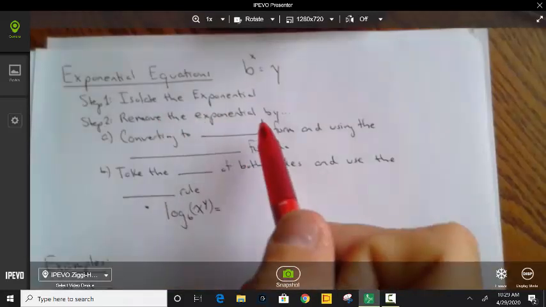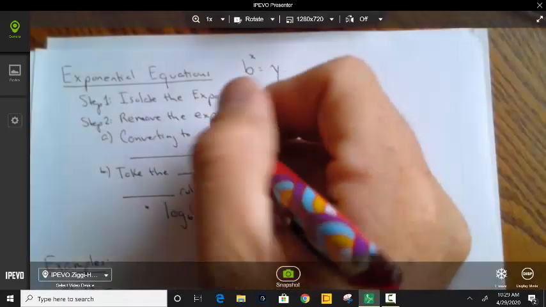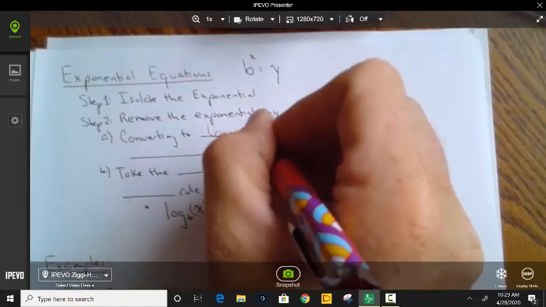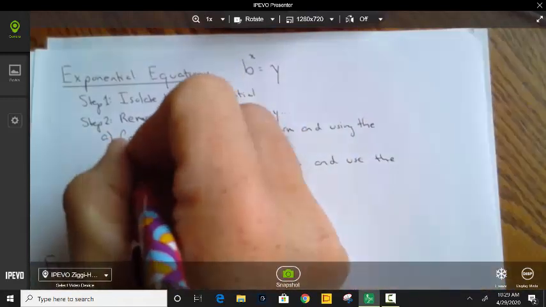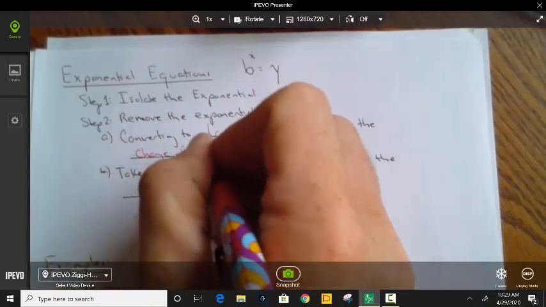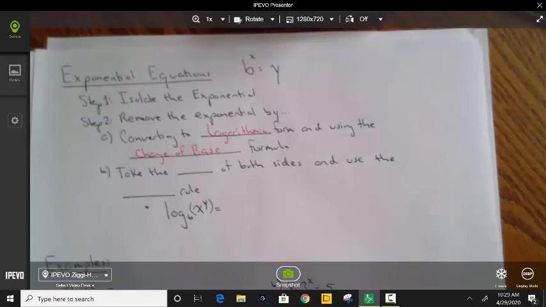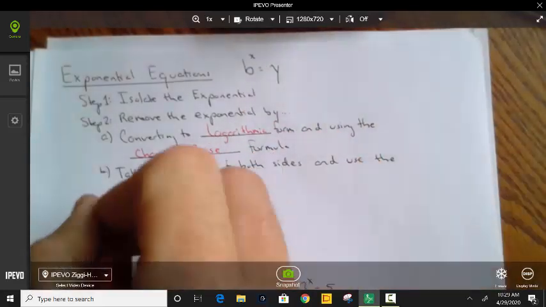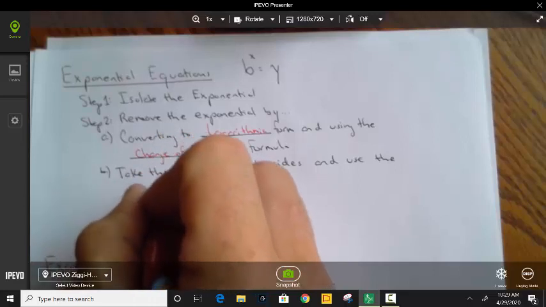And then we're going to remove the exponential by doing one of two things. We're either going to convert to logarithmic form, and then use the change of base formula, or we're going to take the natural log of both sides and use the power rule.